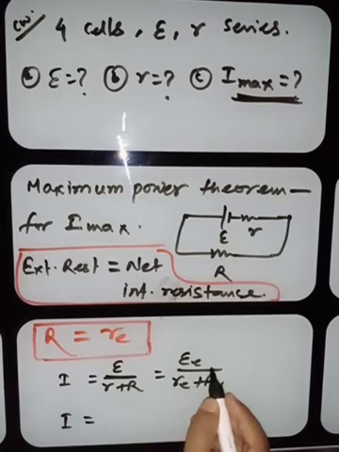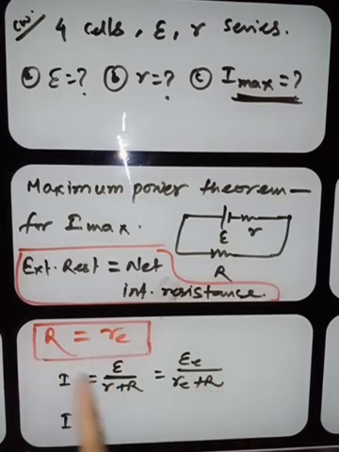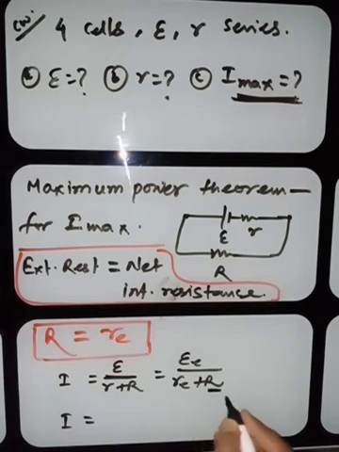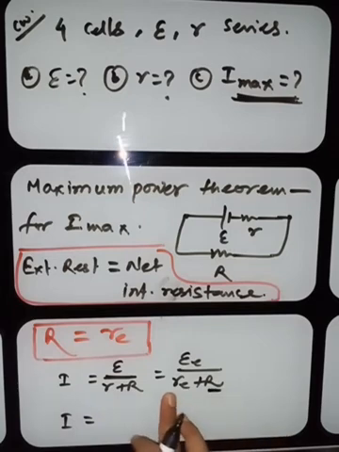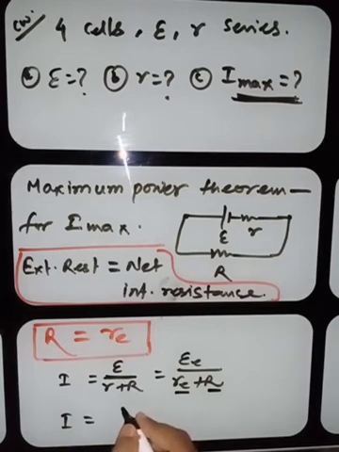What was the value of E equivalent? We have calculated already, and the load resistance R should be equal to the R equivalent. We have calculated E equivalent as 5.6. Okay, however I remember it was 5.6.